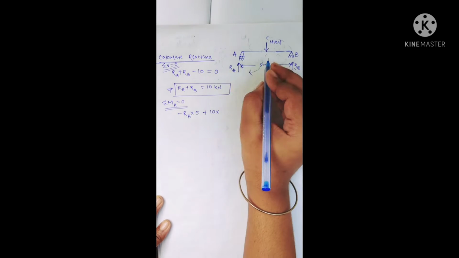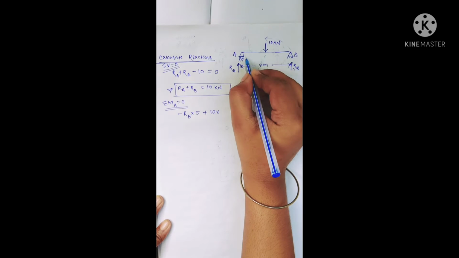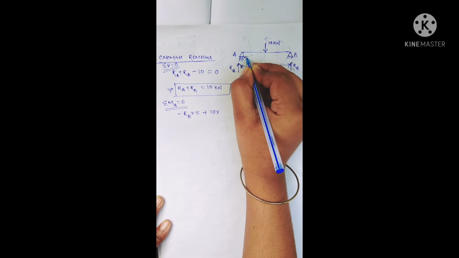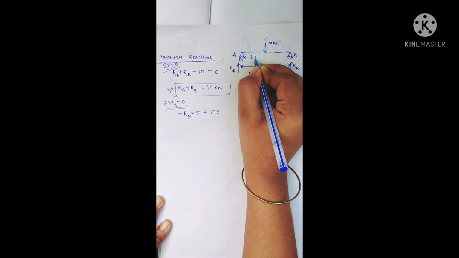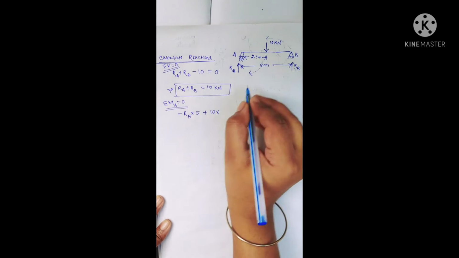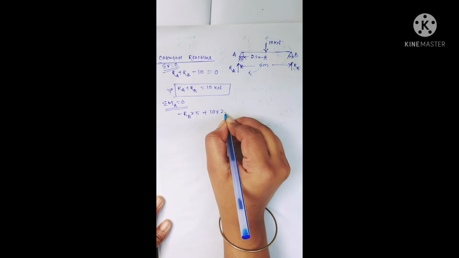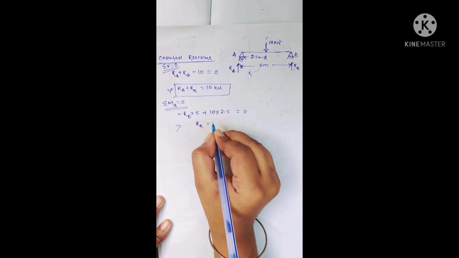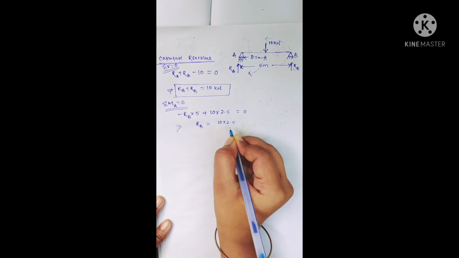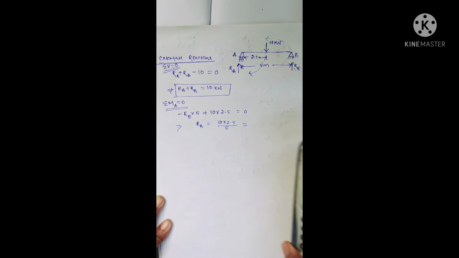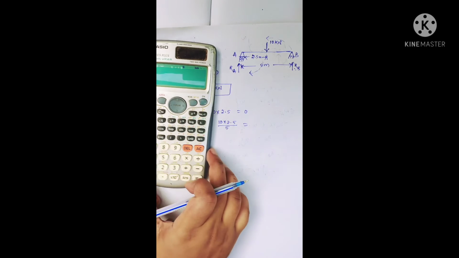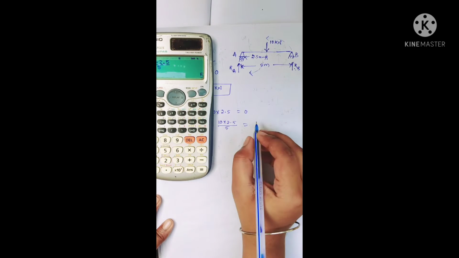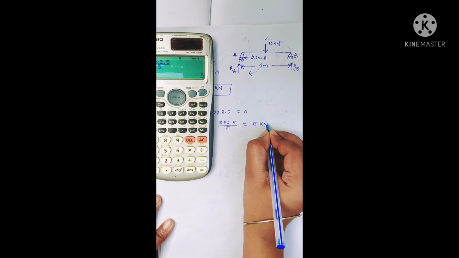If the question does not mention the distance, let's take the distance 2.5 meter where the 10 kilonewton force acts. So 10 into 2.5 equals 0 with RB. So RB equals 10 into 2.5 divided by 5, that is 5 kilonewton.